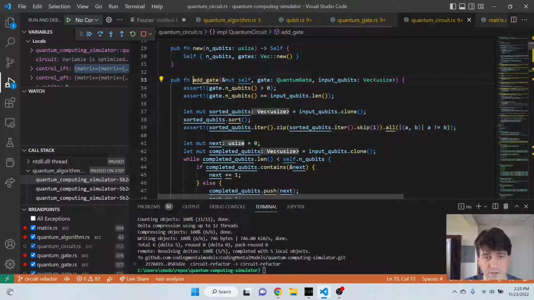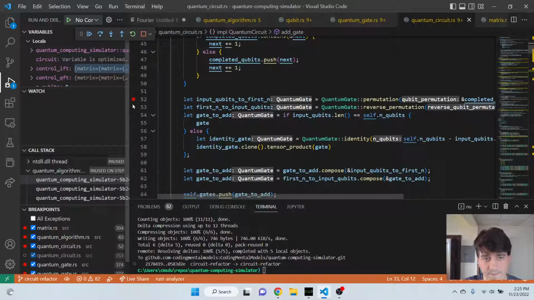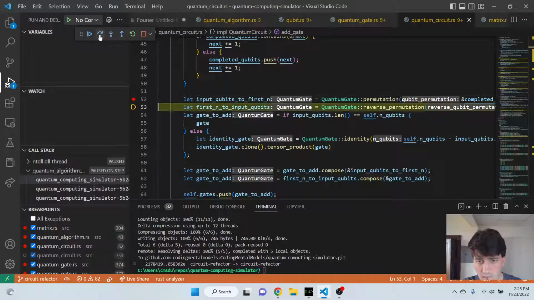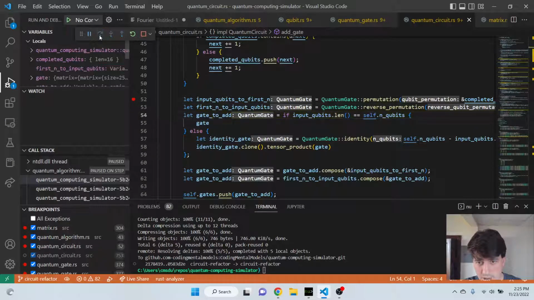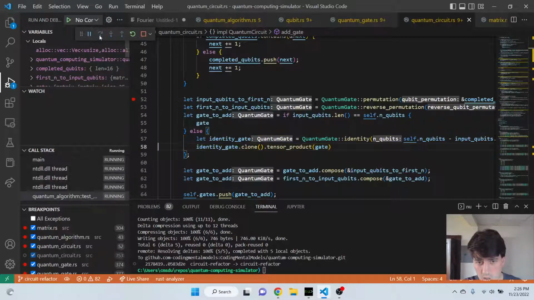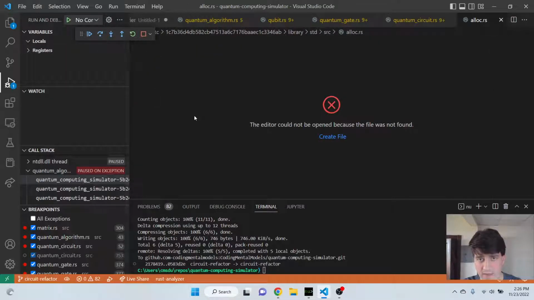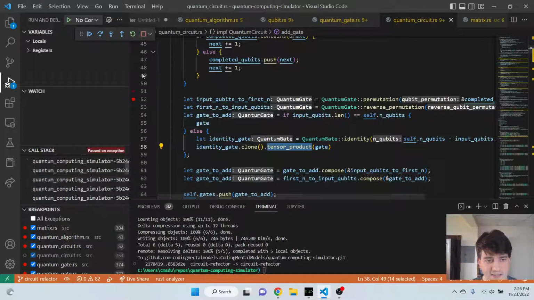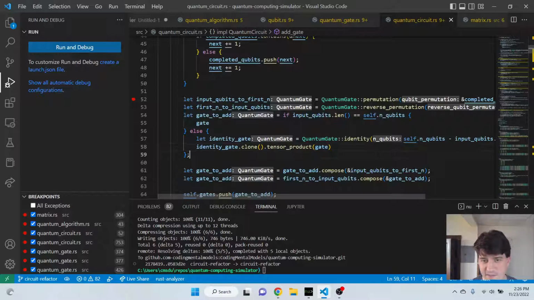Kind of seems like yes. Okay, so here is where we started hitting issues. The tensor product. Okay, so the issue is when we try and do this tensor product, it ooms. Fascinating. So my guess is that next time we're going to have to figure out a sparse matrix algorithm for tensor product.